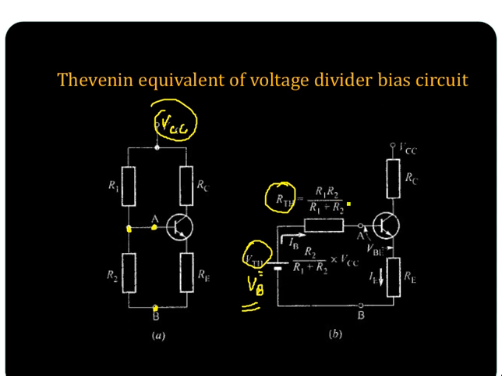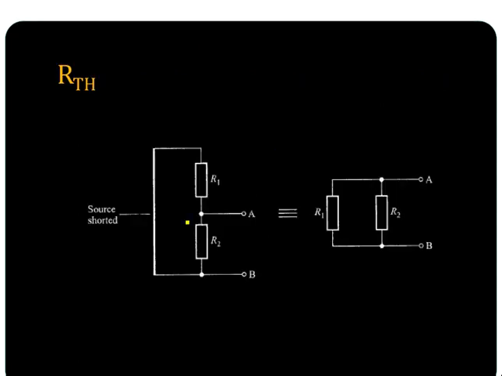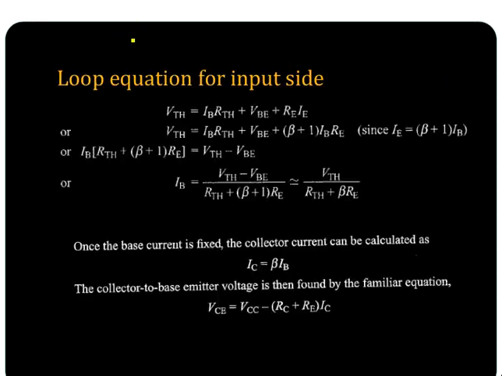So that you will get it as R1 R2 by R1 plus R2, since R1 is parallel to R2. So this you can call it as RB also, because some textbooks use this notation RB for R Thevenin, because ultimately you are representing the base side using this V Thevenin and R Thevenin. Okay, so you have found out the Thevenin equivalent.